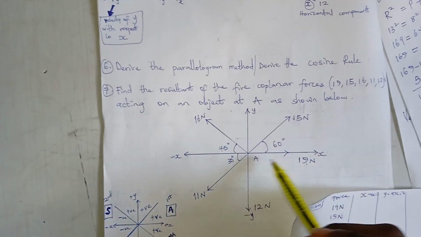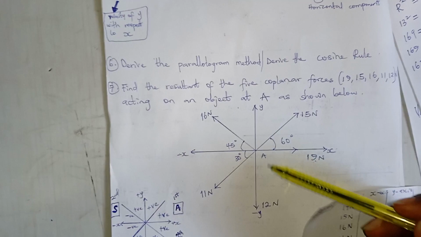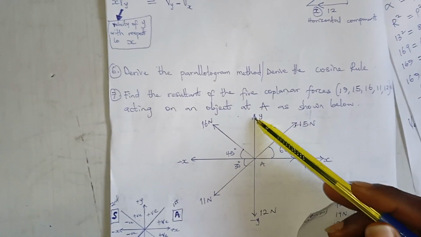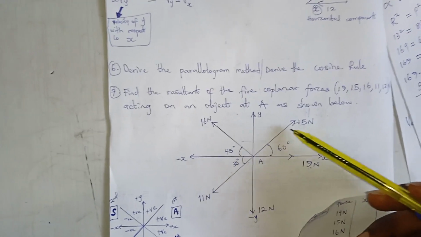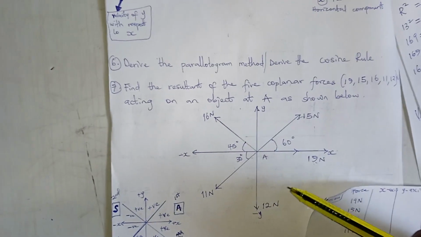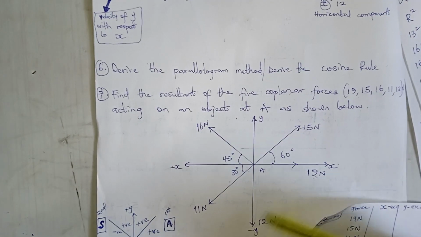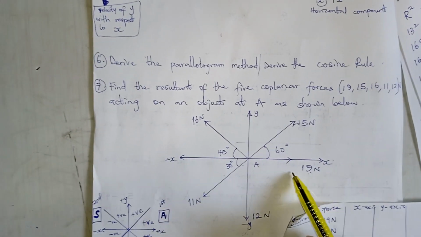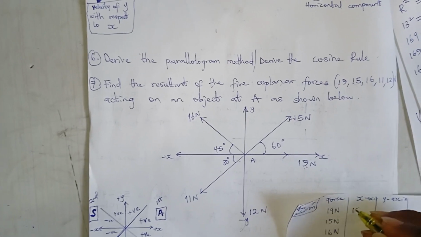You've already been resolved to the horizontal plane, because the essence of resolution is to get every force that is not on the horizontal or y to belong somewhere. Take it to either y or to x. But when you see a particular force already at y or already at x, there's no need resolving it. So since this is on the x-axis, at x-axis we have 19.